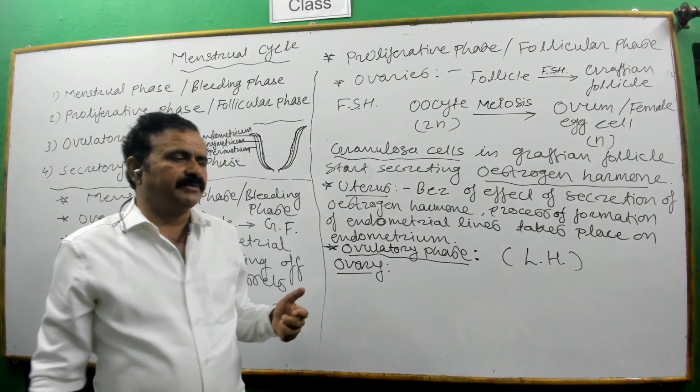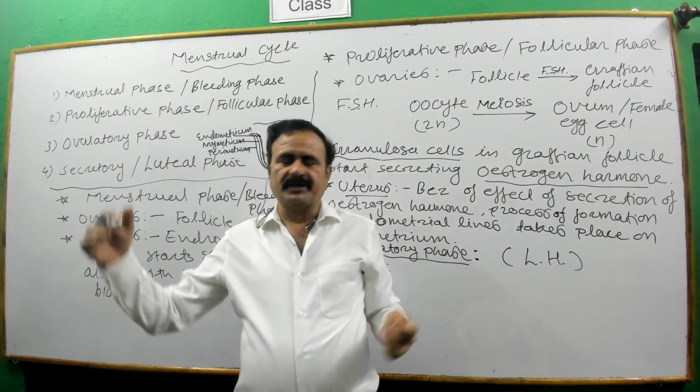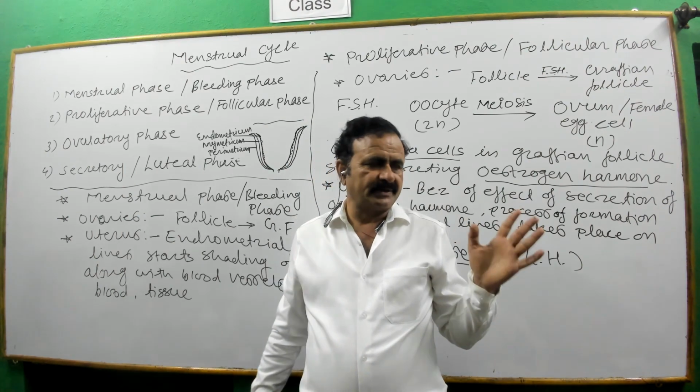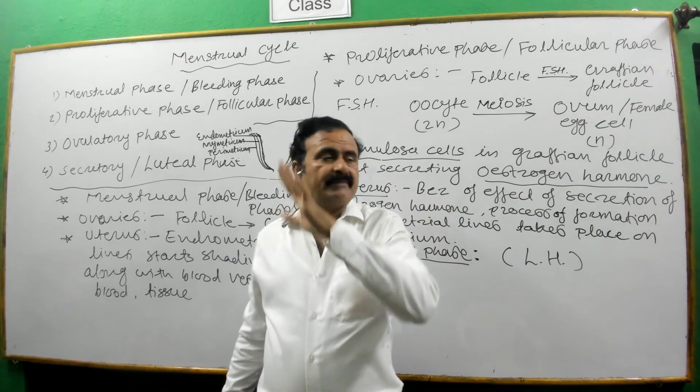Why is it called a germ cell? Because it participates in the process of fertilization. In our body, there are three major types of cells, on the basis of their function.